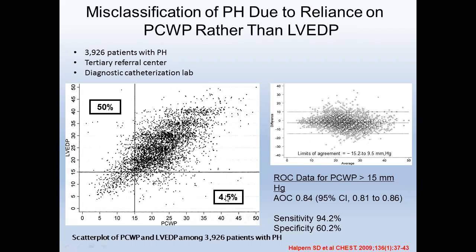So these two things can lead to misclassification. So these patients, in fact, had left-sided heart disease because their LVEDP is high, but they're labeled as Group 1 PAH and started on therapy. More so, sadly, these patients who have actually pulmonary arterial hypertension are labeled as Group 2 and deprived of a life-saving therapy.